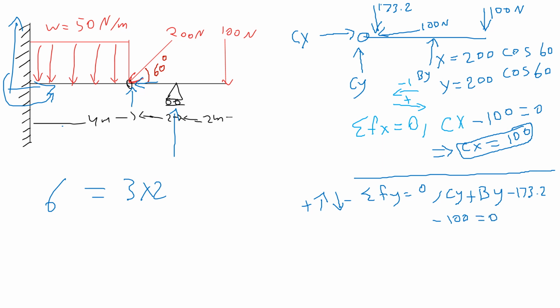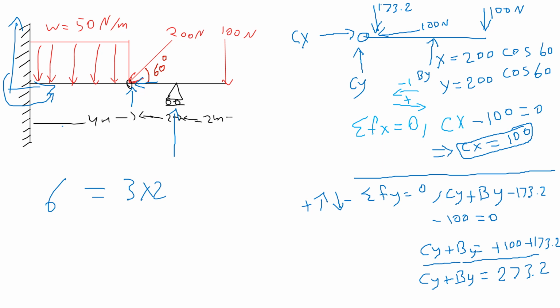So what I'm going to have is Cy plus By, sorry, equal minus 100 plus 100, because we've transferred it to the other side of the equation, plus 173.2, which is Cy plus By equal 273.2.